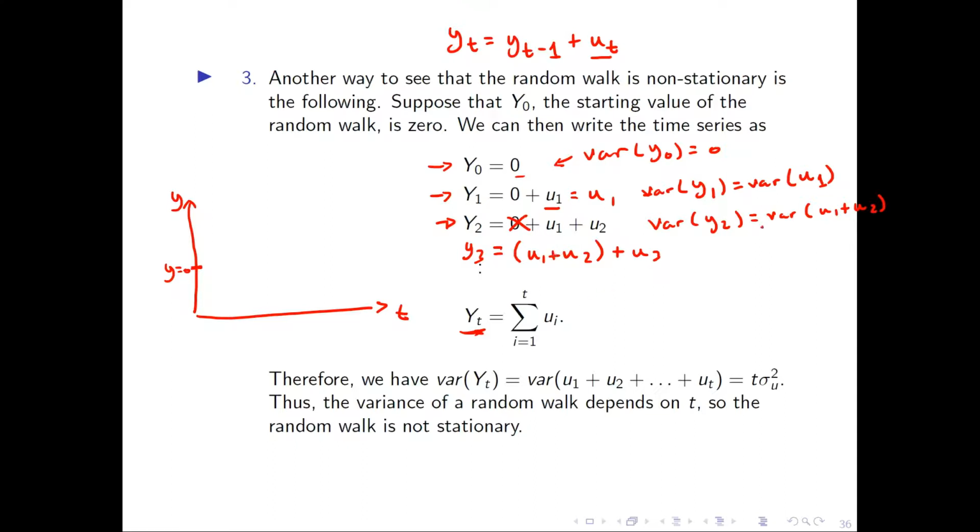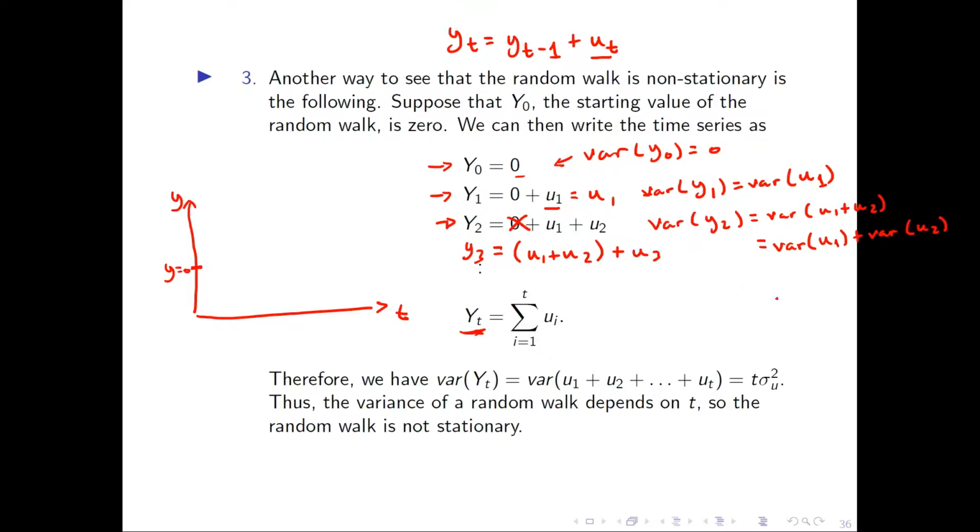And because these error terms are uncorrelated, then you can split this into the variance of u1 plus the variance of u2, right?